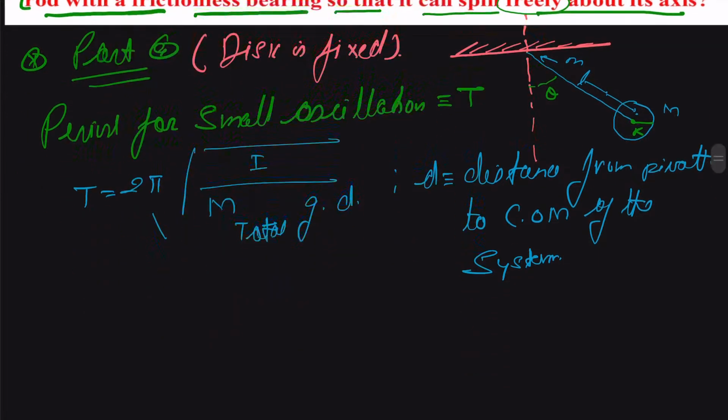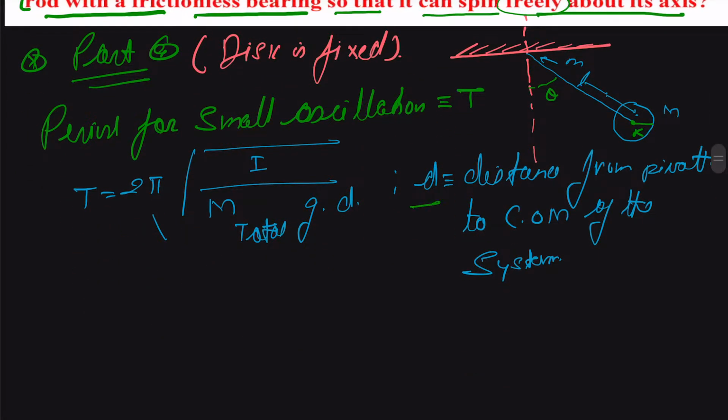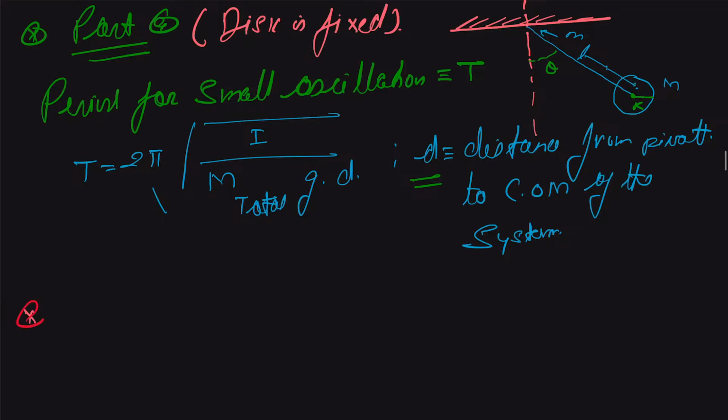So the first step is that we are going to find out this value of d. So we can say the center of mass distance d, and for that we need our total mass, or we can just use the formula directly.